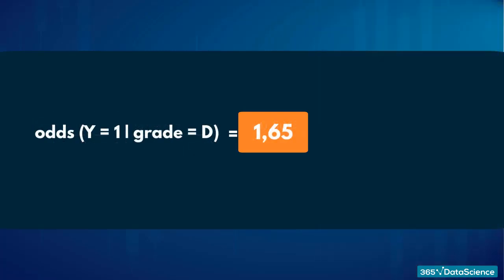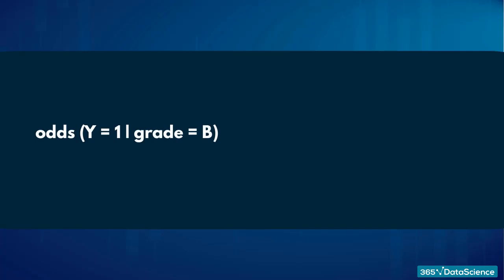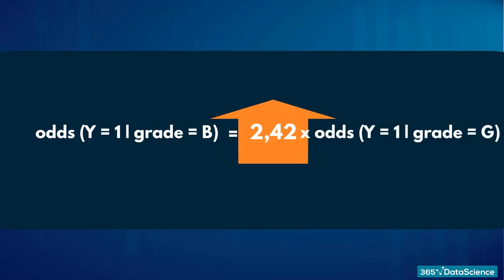So the odds for someone with a rating of D to be a good borrower are about 1.65 times greater than the odds for someone with a rating of G. Similarly, the odds of someone with a rating of B to be a good borrower are about 2.42 times greater than the odds for someone with a rating of G. As you may have noticed, we pretend that the reference category has a regression coefficient of 0 here. The reference category serves to compare the odds of the rest of the dummy variables to it. Thus, it can also help to compare them with each other.